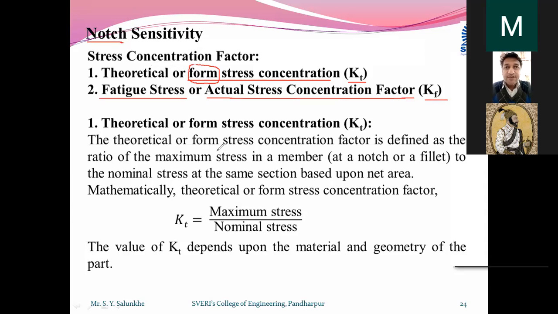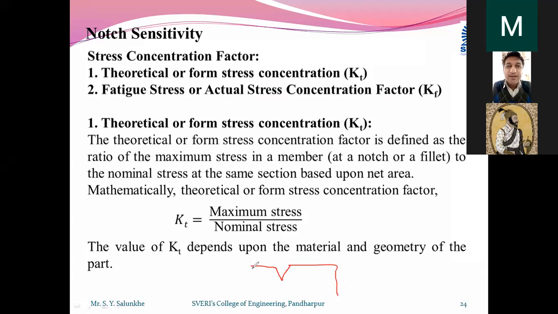Now, when we calculate the theoretical or form stress concentration factor, K T, it is defined as the ratio of the maximum stress in the member at the notch. A notch means we provide an irregularity in the geometry.